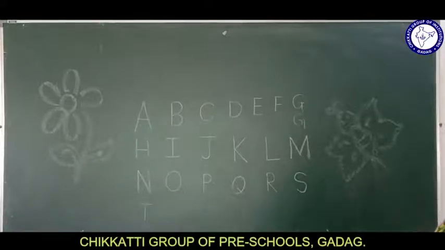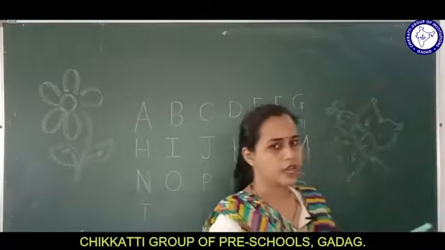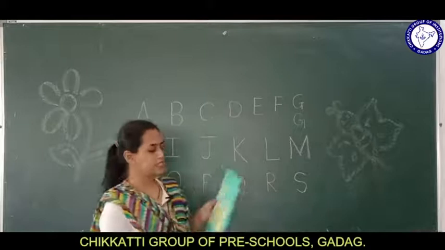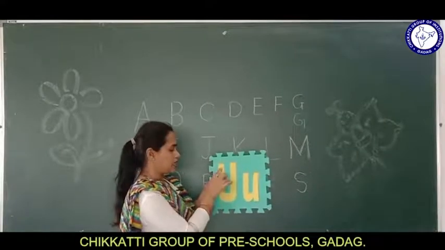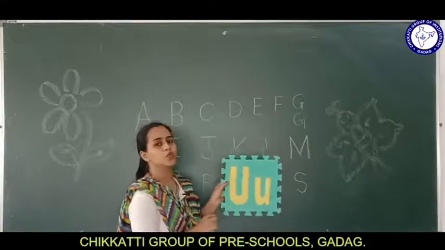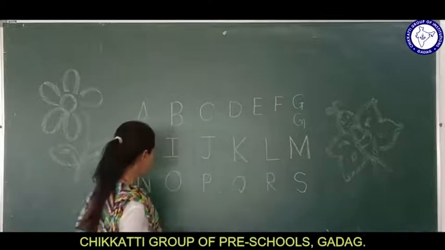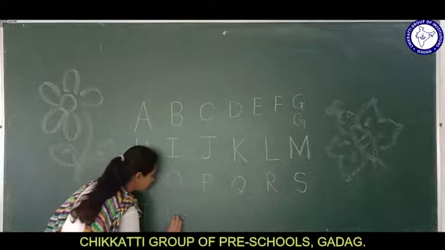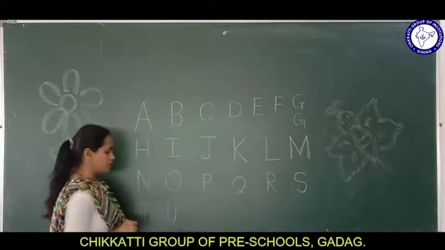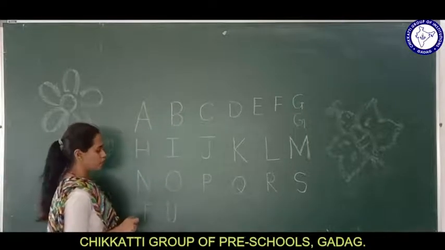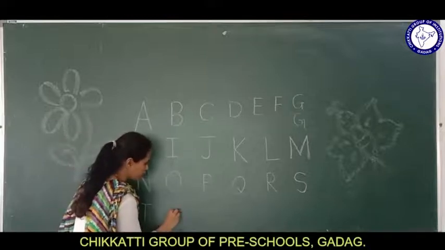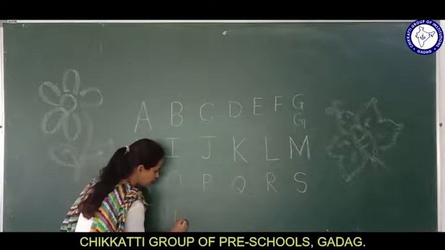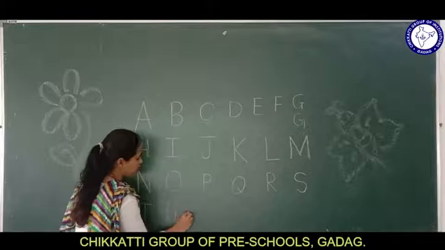Next alphabet, which is U. U. How to write U? Standing, curve. Here we go, we'll write U. Otherwise you can write like this also.